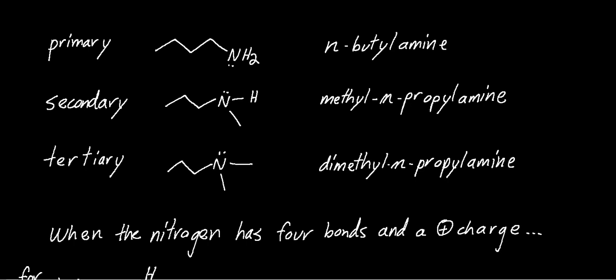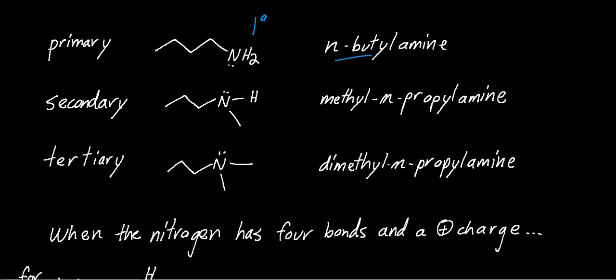Essentially you're looking at the groups attached to nitrogen, and for a primary amine, there's one group on the nitrogen, an N-butyl group, so we simply call it N-butylamine. It's kind of similar to the nomenclature of ethers, where you just say methyl, propyl, ether, for example.